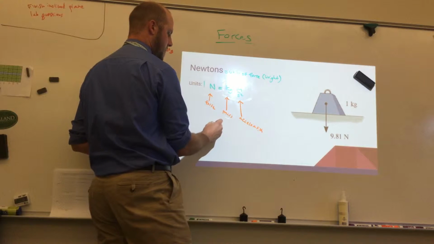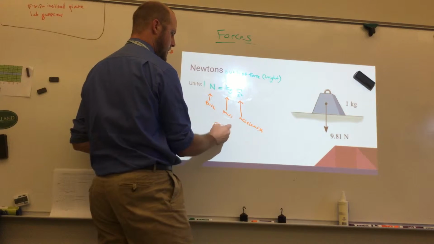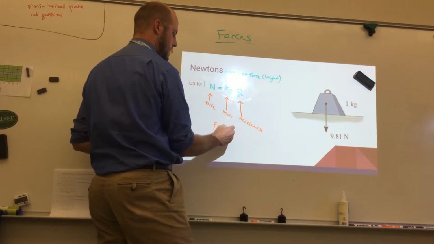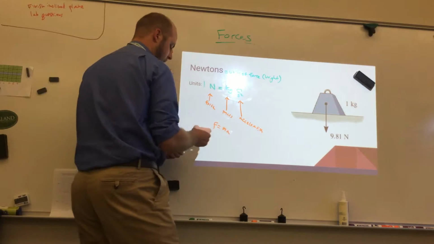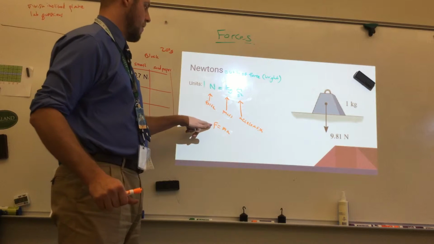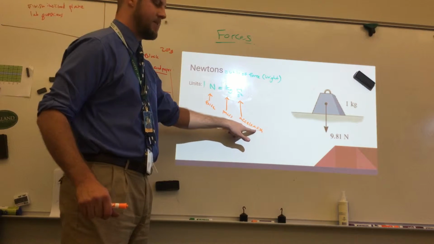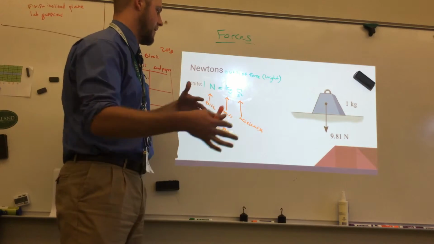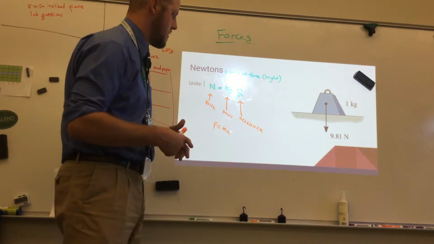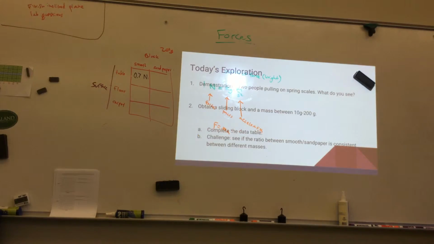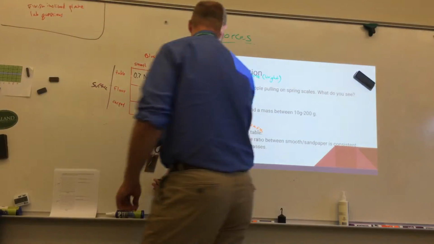Hopefully some of you might be familiar with the idea of F, force, is equal to mass, M, times A. F equals ma. That's actually Newton's second law. Your force depends on your mass and how much your mass is being accelerated by gravity on Earth or gravity on the moon, whatnot.